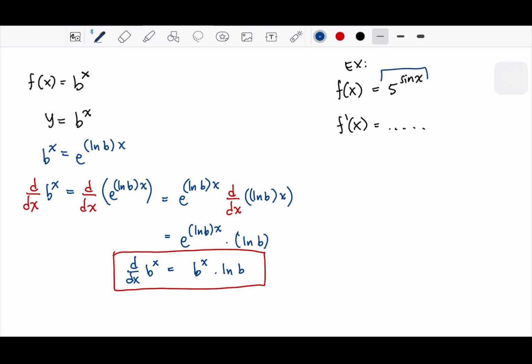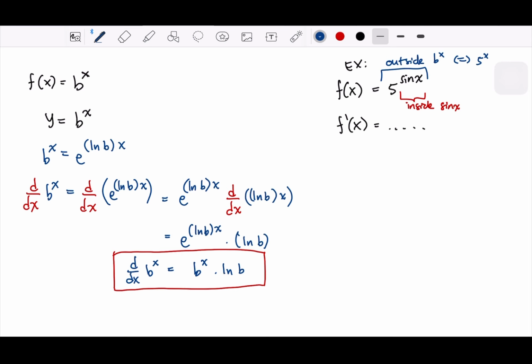Let me write just b with power of x, just to make notes. And then the inside is this. Or we could say 5 with power of x, and then we put sine inside this 5 with power of x. So we change the x with sine x.